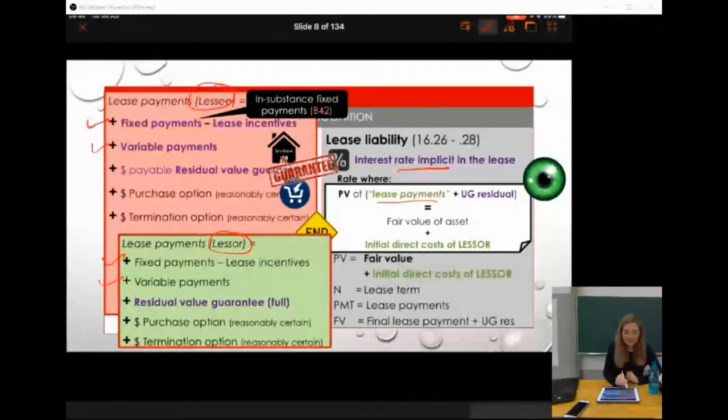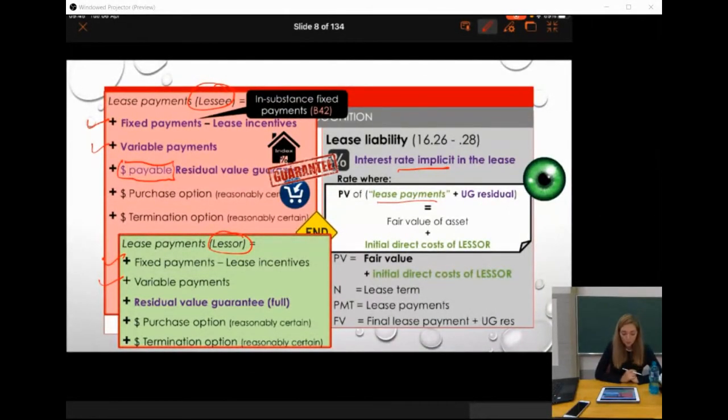For the lessee, we will only include the amount payable in terms of the residual value guarantee, whereas for the lessor, we include the full residual value guarantee. So there's our difference between the lease payments for the lessee and the lessor. All the other amounts agree. It's just with regards to the residual value guarantee that we have a difference.